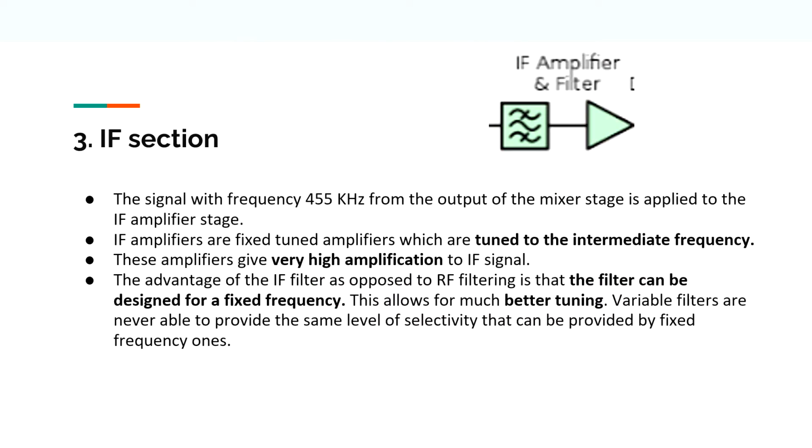So for the IF signal, even though the input has many different frequencies, the input of the IF section is constant at 455 kilohertz, the intermediate frequency.